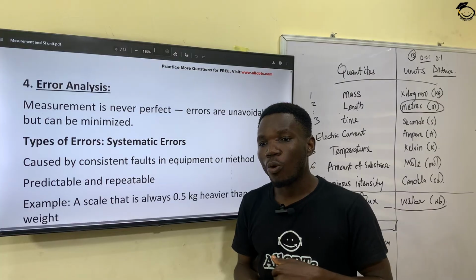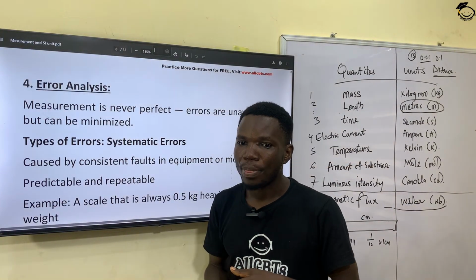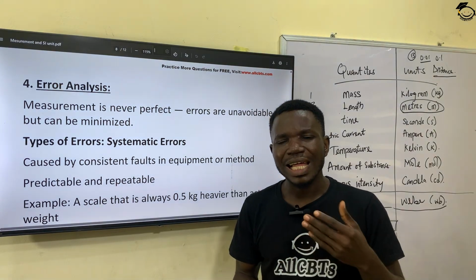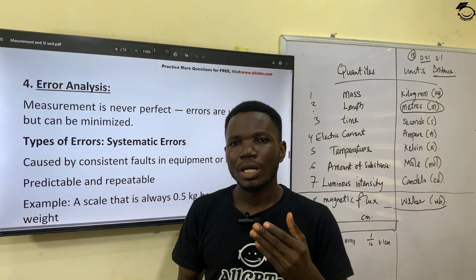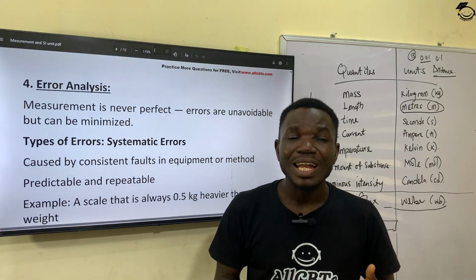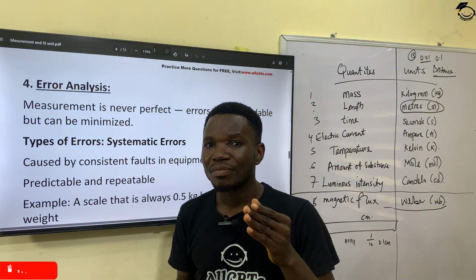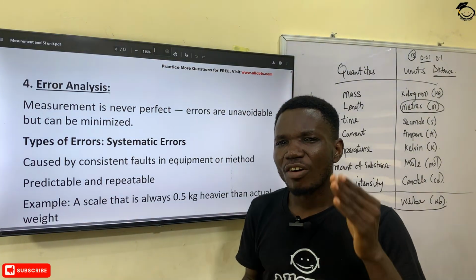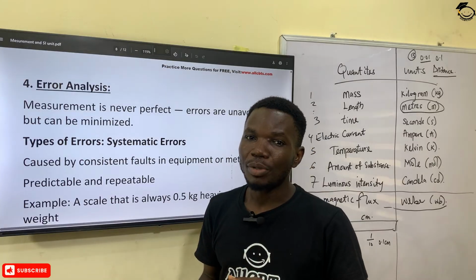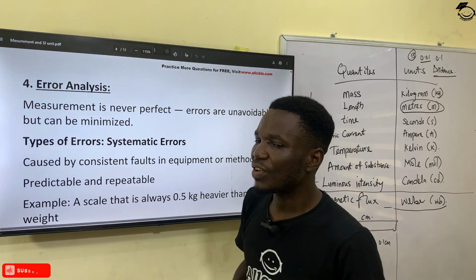Let's say, for example, I'm trying to measure the thickness of a piece of paper, and I used a vernier caliper. My answer might be correct, but it is not very, very correct because that piece of paper cannot be measured accurately using a vernier caliper.